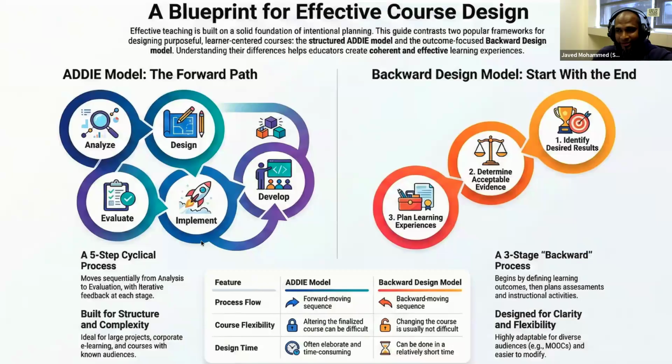The ADDIE model is certainly a more rigid, time-consuming model when compared to the backward design model. The backward design model can be done in a very short time, and it's easier to adapt even after the course design stage comes to a close, whereas with the ADDIE model, it takes some time to go back and make changes.